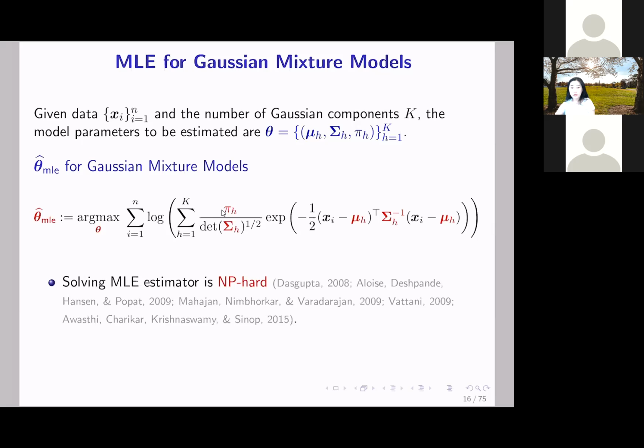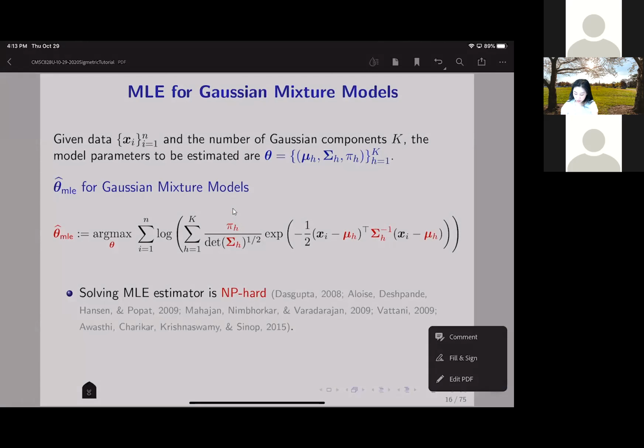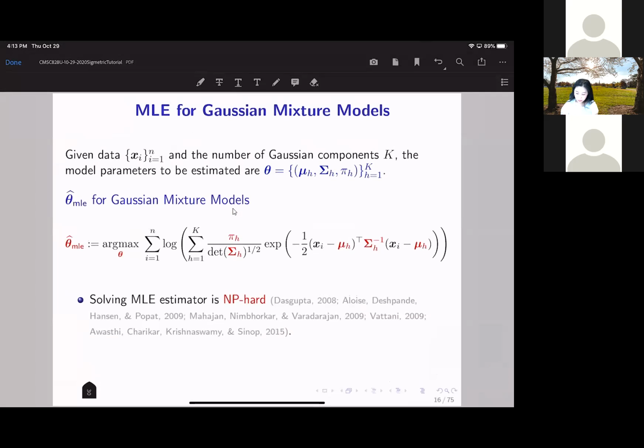So this is the likelihood, conditioned on pi h. First of all, I'll explain this, which is probably not so obvious. Look at this part.